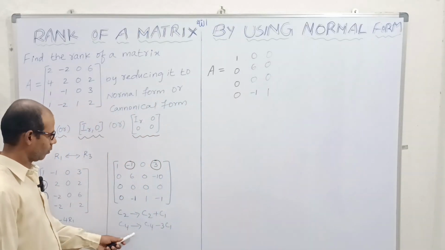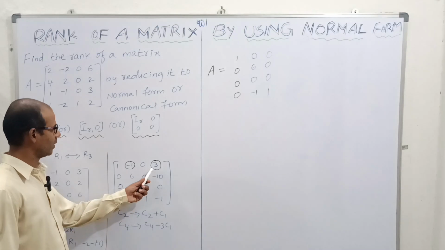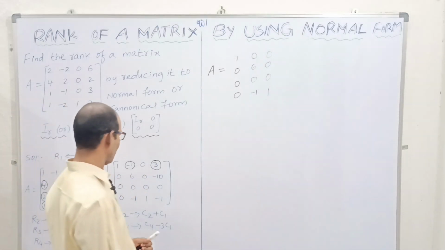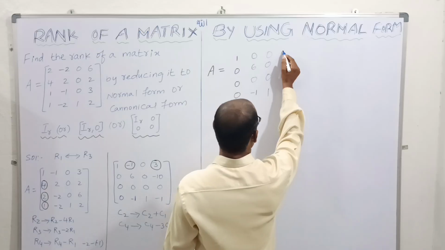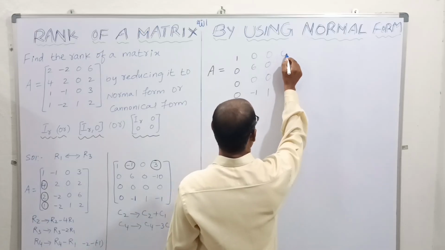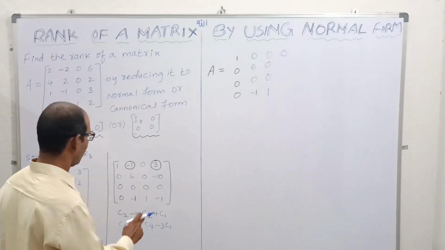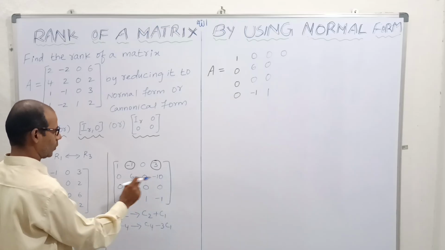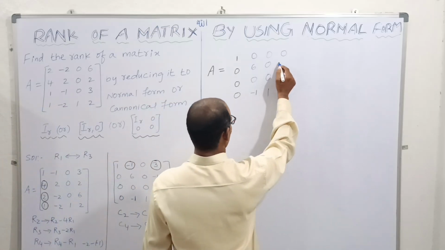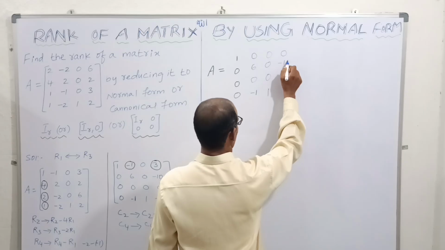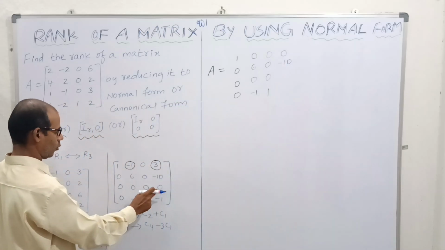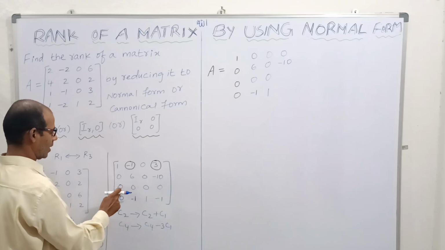Now column 4, we will apply the operation C4 minus 3C1. C4, 3 minus 3 into 1, that is 3 minus 3. It becomes 0. For this one, minus 10 minus 3 into 0. So it is minus 10. C4 minus 3C1. C4, 0 minus 3 into 0.